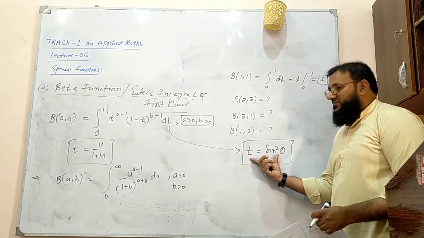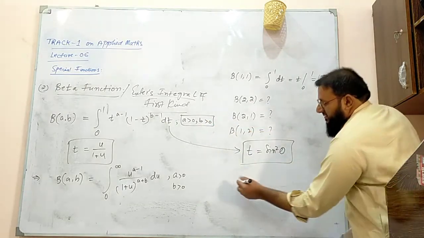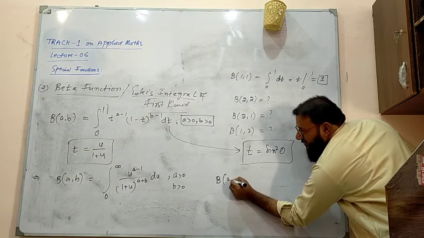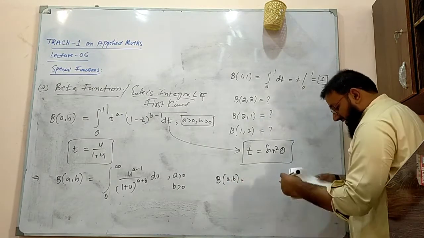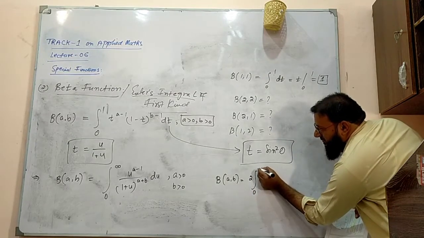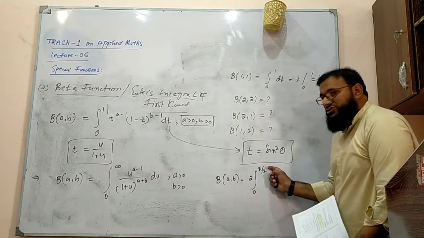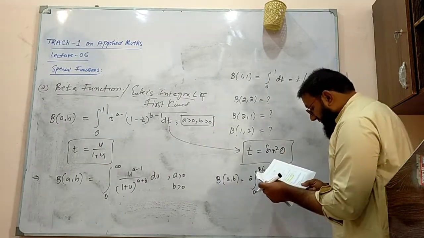You just put t and you evaluate dt, you put in that one, then you will get something that is totally new. Beta of a comma b is, now it becomes 2 times integral from 0 to pi by 2. The limit of integration was 0 to 1, now it becomes 0 to pi by 2. This is something very good.